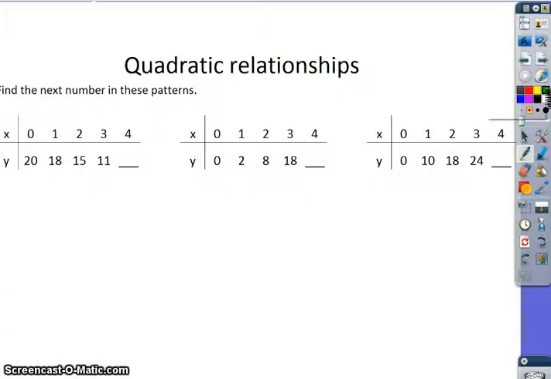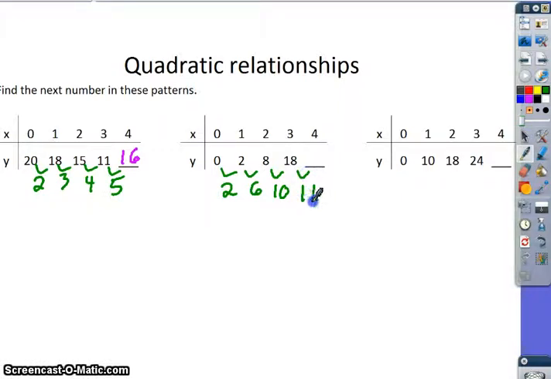All right, so the quadratic one, the slope is 2, then 3, then 4, then the next one should be 5, which makes this missing number 16. The slope here should be 2, then 6, then 10, then 14, right? For the first one, it's 6.